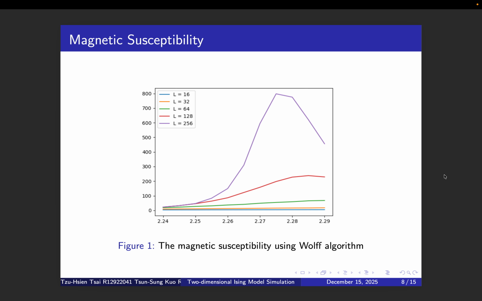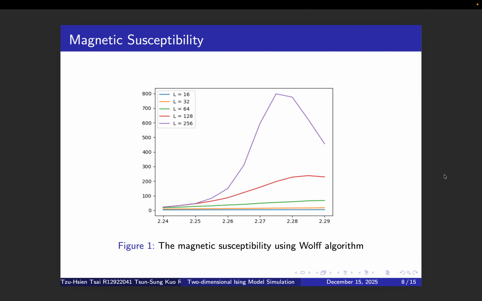For the magnetic susceptibility from the Wolff algorithm, we can see that when the side length of the lattice is 128 and 256, the magnetic susceptibility increases near 2.27 and 2.28, which is where the critical temperature is, near 2.27.